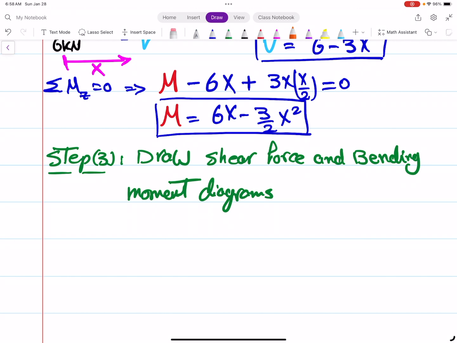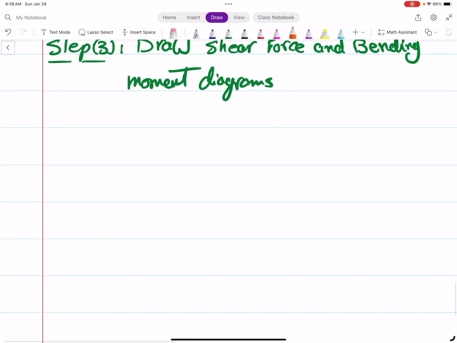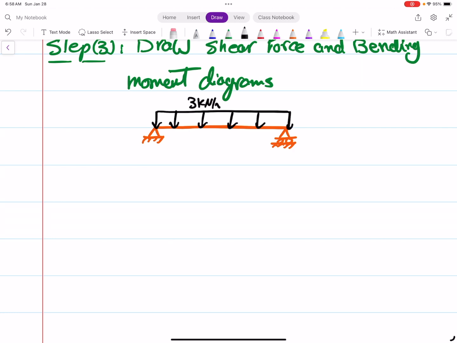And I always prefer starting with the beam itself. This is the beam itself. We have beam support, roller support, distributed load (3 kilonewton per meter), point B, point A.